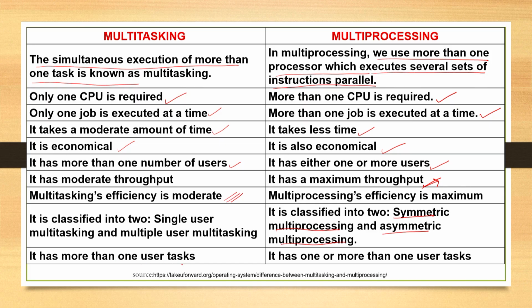Multitasking has more than one user task, while multiprocessing has one or more than one user task. So this was all about the difference between multitasking and multiprocessing.